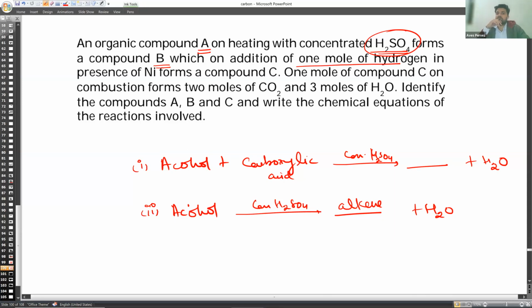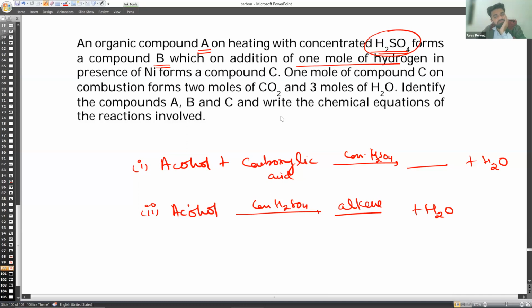Which one is more appropriate? Can you tell me? The first one or the second one?